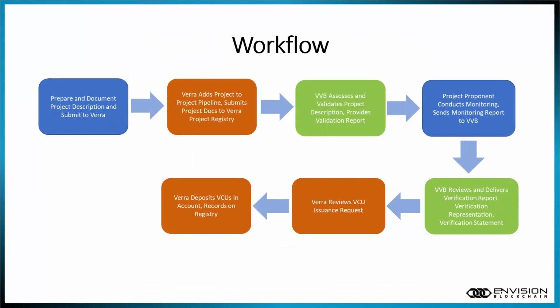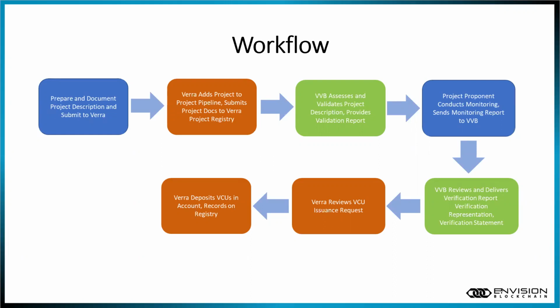So here we have it split into 3 different colors. The blue is your project proponent, orange is Verra, and green is the VVB. So starting from the beginning, the project proponent will be preparing and documenting the project description and submitting it to Verra. Verra will then add the project to the project pipeline, submit the project documents to the Verra project registry.